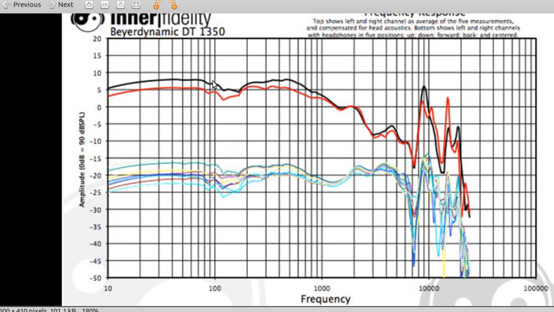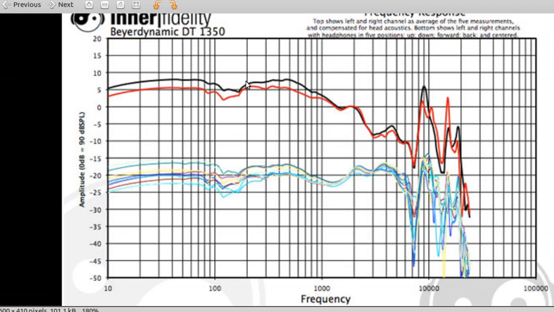No, it's not a flat frequency response. And many listeners will notice it lacks bass. It actually isn't lacking bass, but has a drop from above 100 Hz to 200 Hz.